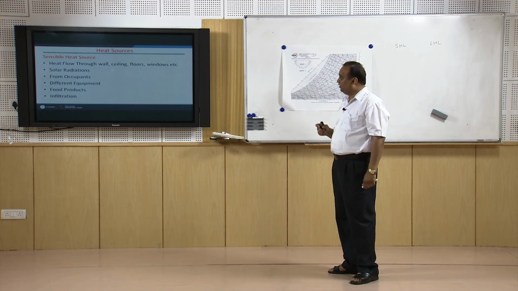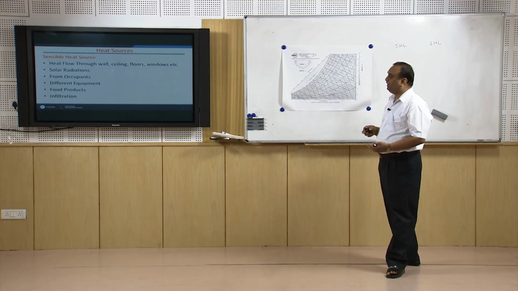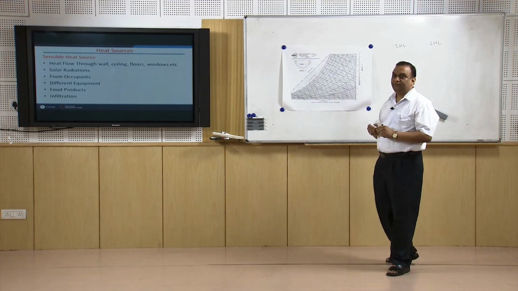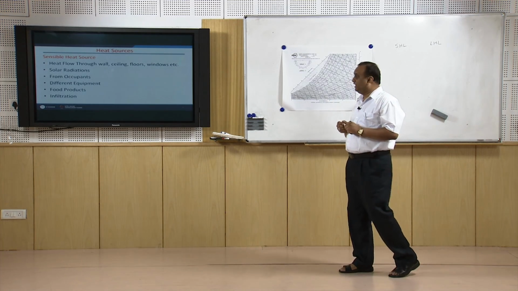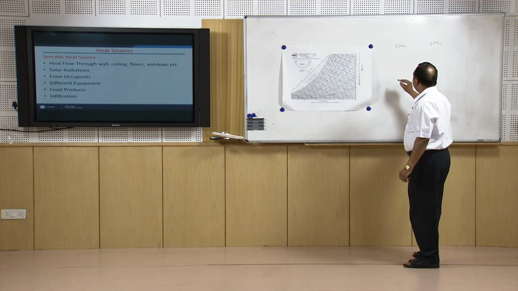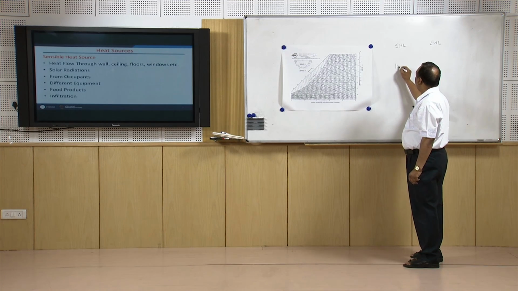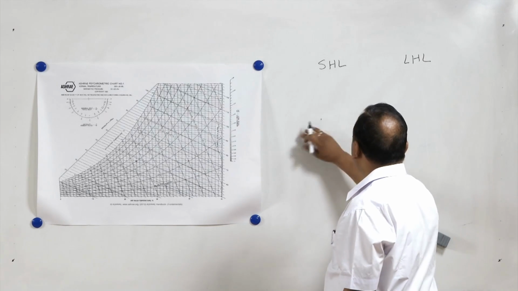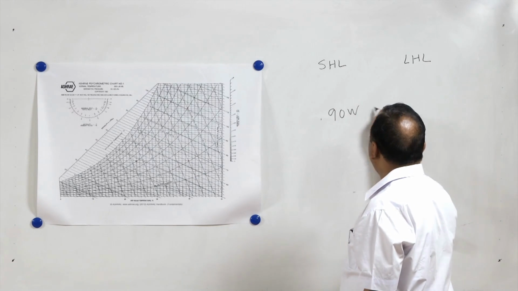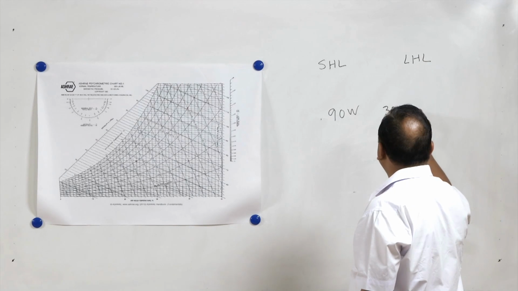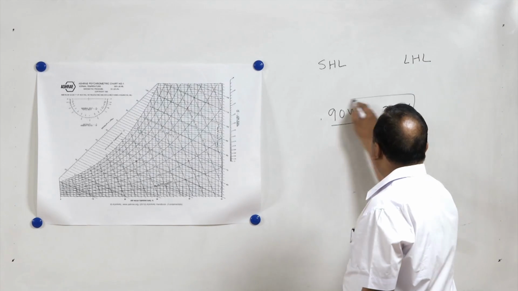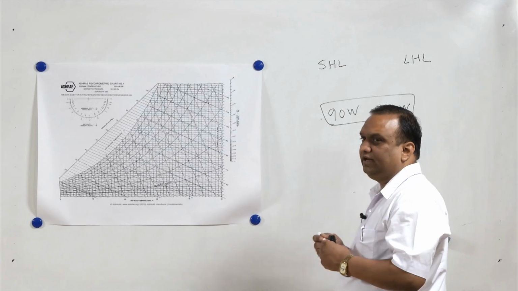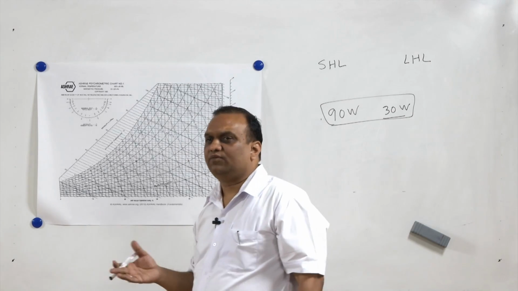There is a load from the occupants also. Each individual, if sitting idle, adds about 90 watts of sensible heat and 30 watts of latent heat. Approximately we assume that each individual adds around 100 watts of heat.